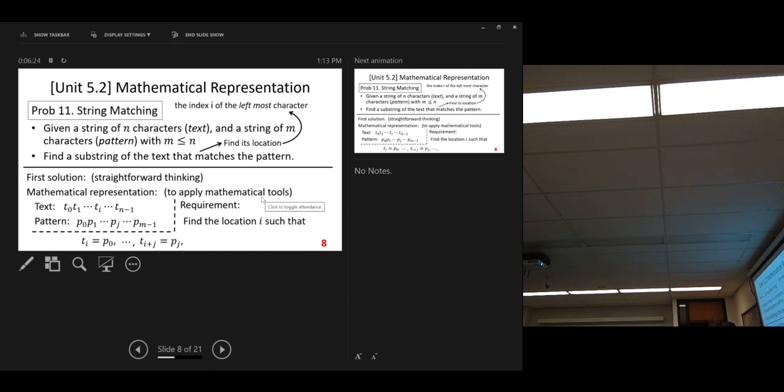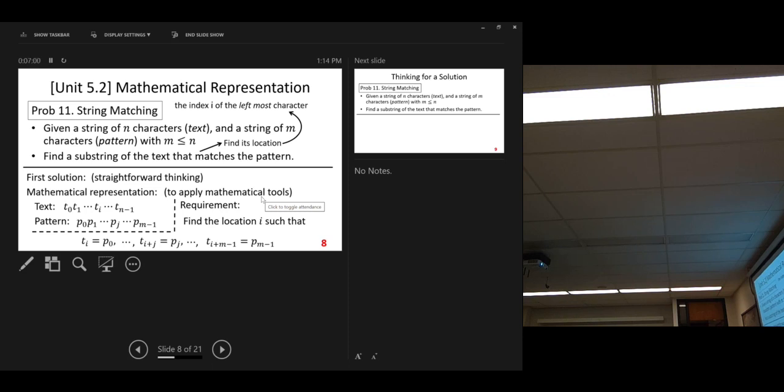From i, you go j positions. Here from 0, you also go j positions. Same. Now, compare T_{i+j} with P_j. And the last one, i plus m minus 1. Minus 1, because the first one is i plus 0. The last one is i plus m minus 1, here m minus 1. So that's our math representation.